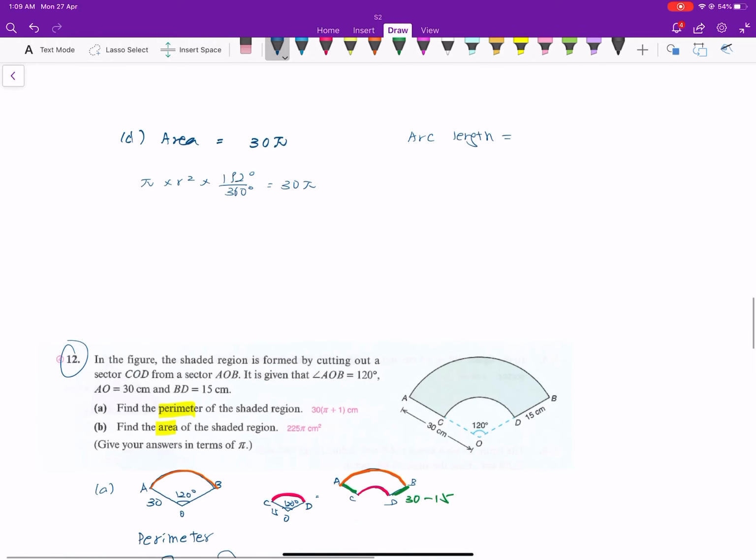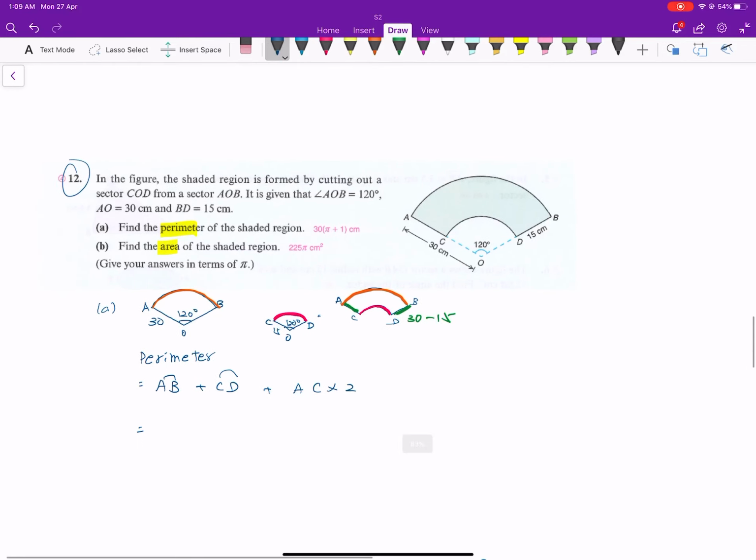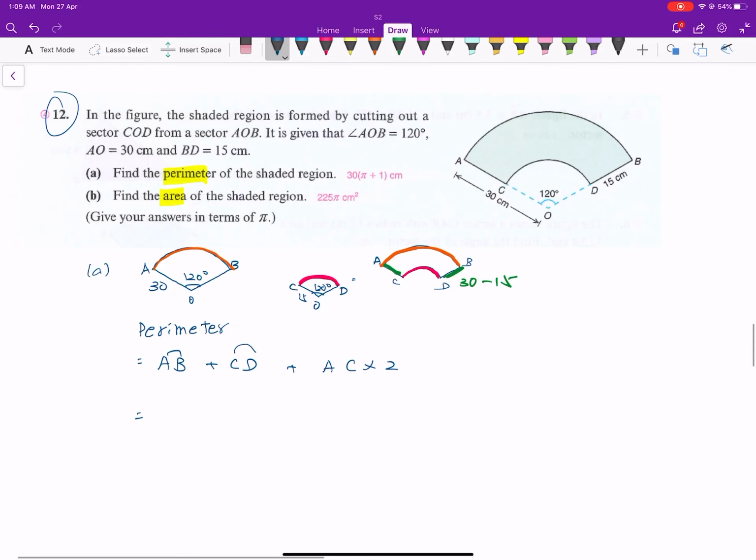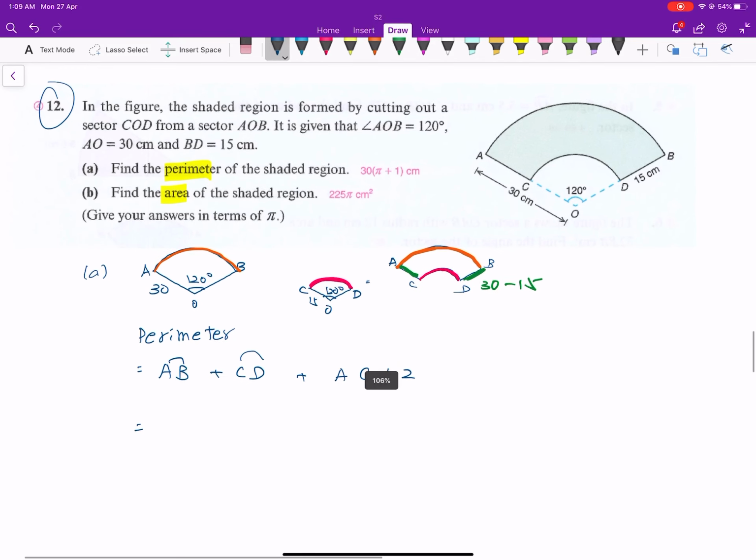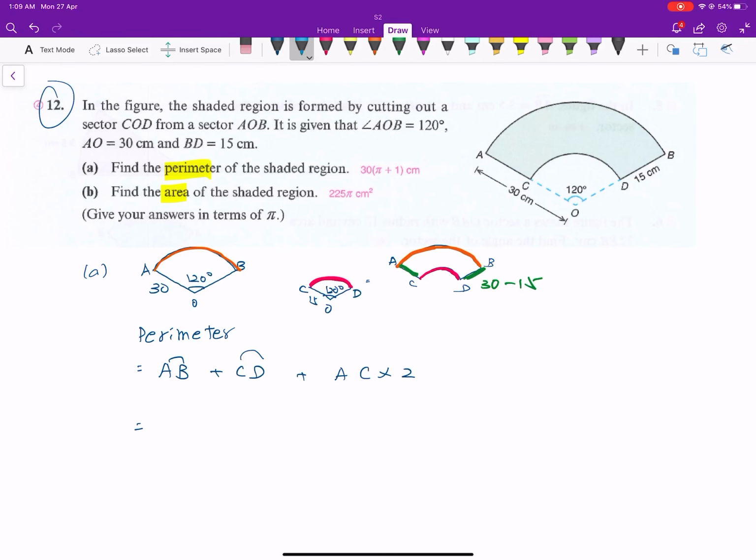Alright, and then for question 12, I will give you some hints. In the figure, the shaded region, this one, is formed by cutting out the sector COA from the sector AOB.